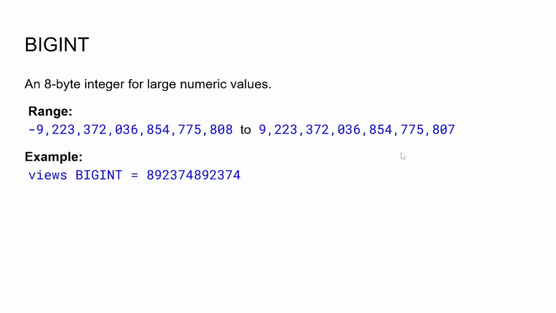An example can be to count views. Along the line, a YouTube video over, let's say, 15 years can accumulate billions of views. In such a case, BIGINT is actually a good option to store such values, which is larger than a normal integer data type can handle.